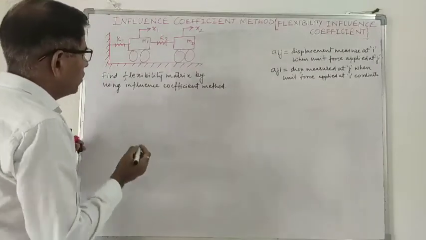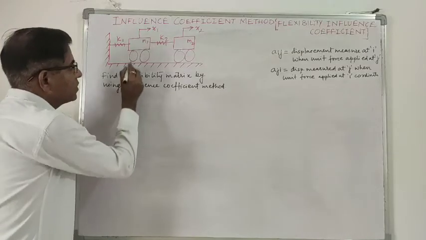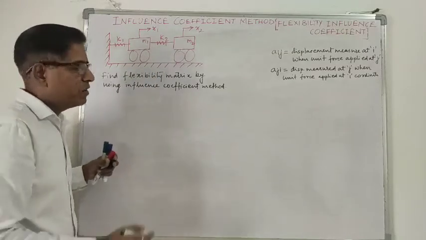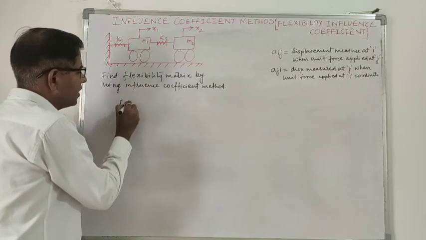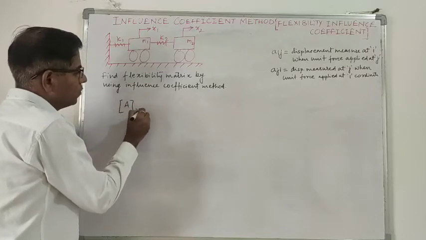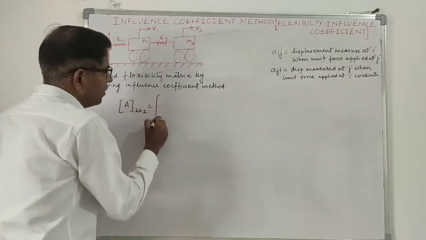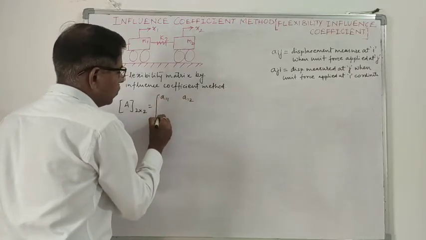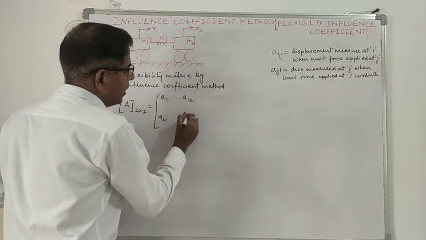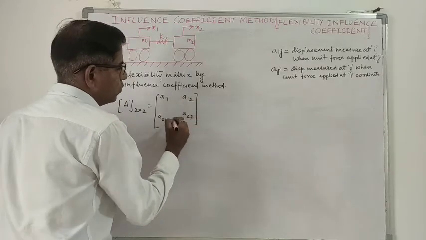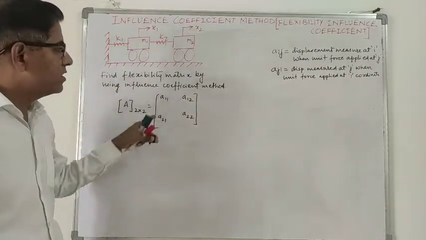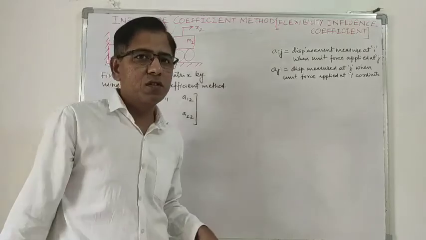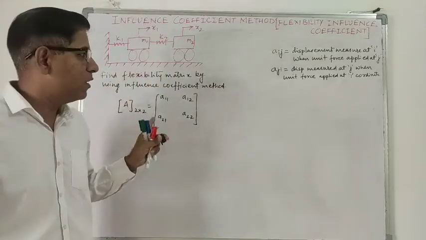Now we know that this is a 2 degrees of freedom system, so the size of the flexibility matrix will be 2 by 2, and it will look like A11, A12, A21 and A22. So this is a 2 by 2 matrix, and these are the coefficients, which are basically displacement values.